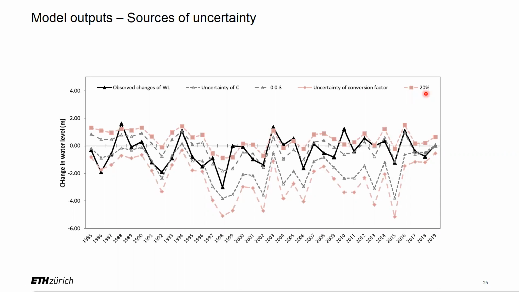We just assume the error is 20%. We can see that in most of the years, the majority of the uncertainty comes from the uncertainty of C values. But in extreme low water level years, which means in extreme dry years, the uncertainty from the conversion factor can be larger, because in extreme dry years, the pump efficiency could be decreased dramatically due to the decline of water level.